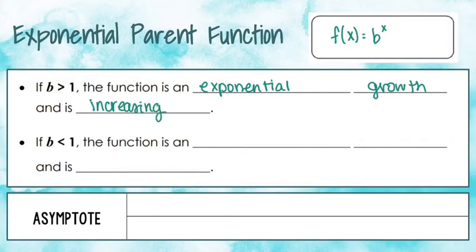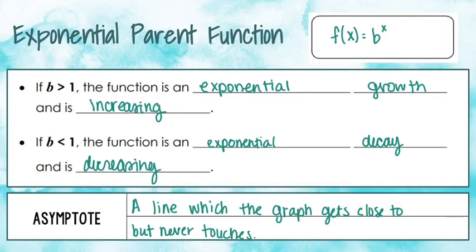If b is less than 1, the function is an exponential decay and is decreasing. And then the definition of an asymptote is a line which the graph gets close to but never touches.